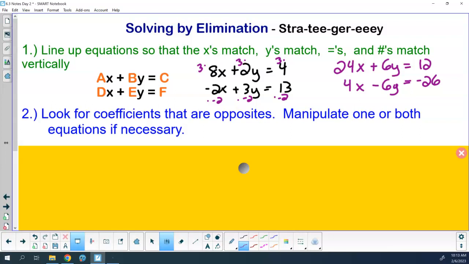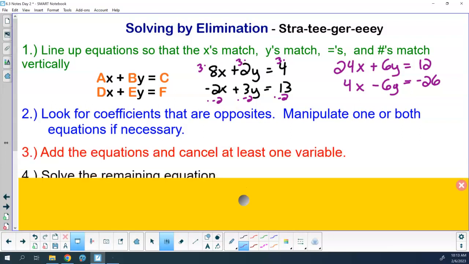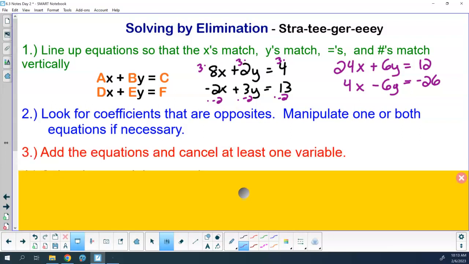Now what? Now we're going to add the two equations together, and that should cancel one of the variables. One might say eliminate one of the variables.